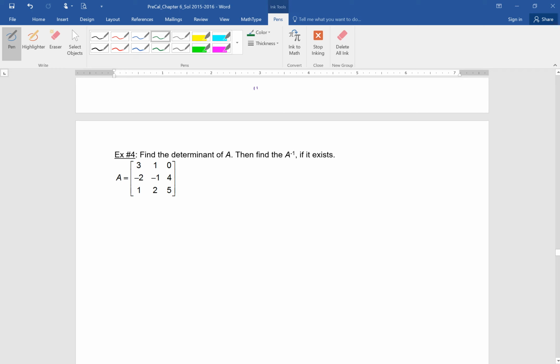So first we're going to find the determinant. Here's how we're going to do that. So 3, negative 2 and 1. Let me do this and I'll answer your question.